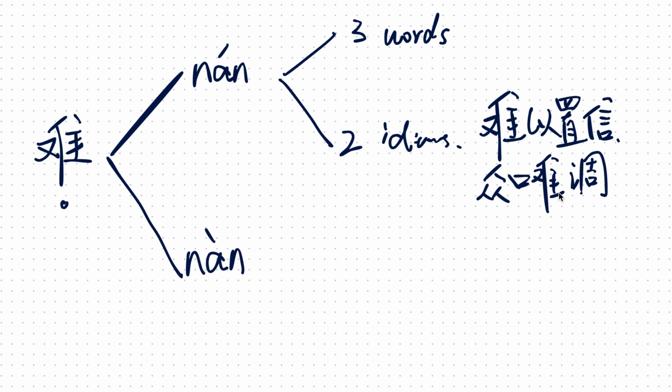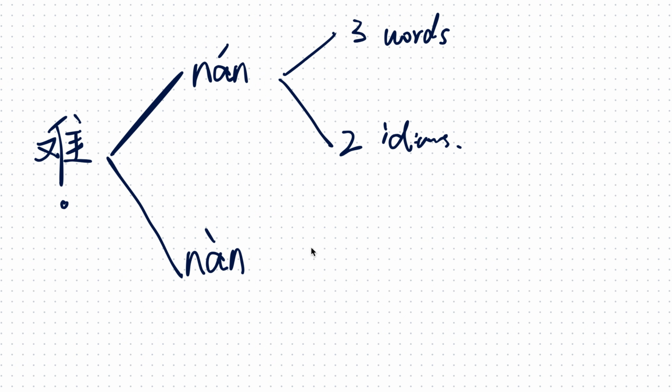Now, if you have difficulties identifying one of these characters, go back to steps 1 and 2. Do it yourself. Okay, and it comes to nàn. It means hazard or disasters. Still the same. Let's find 3 character words and 2 idioms.